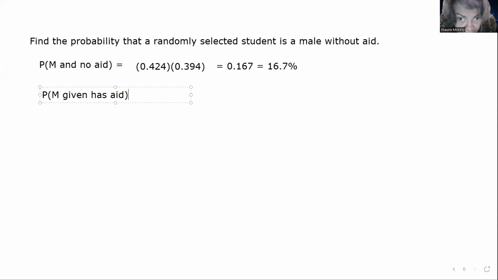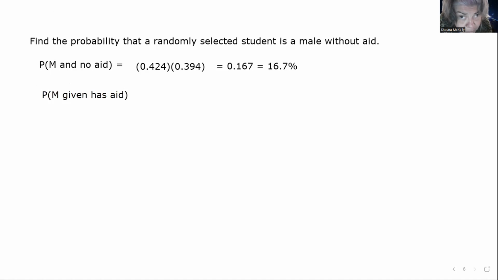Male given that they have aid. Now, when you do a given statement, what this looks like in terms of a Venn diagram, not that you have to remember this, but this is where this comes from.